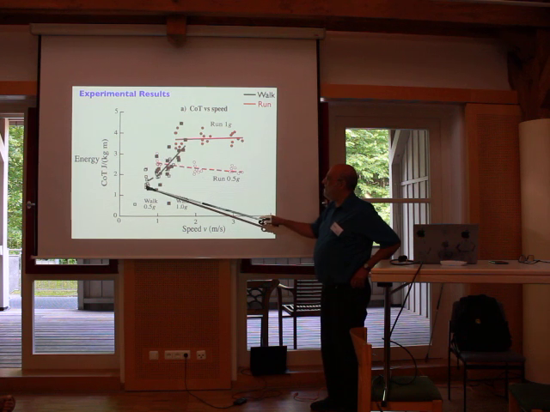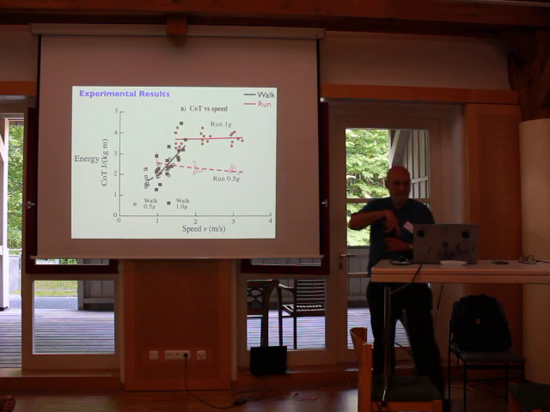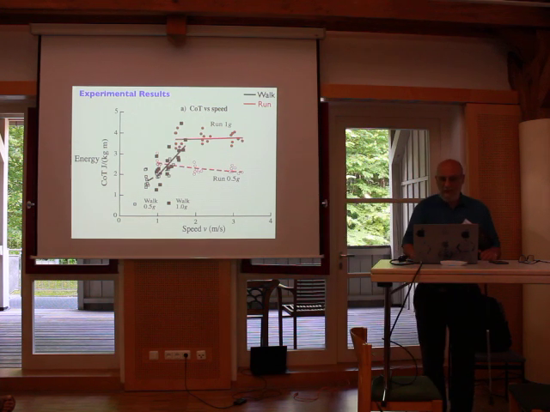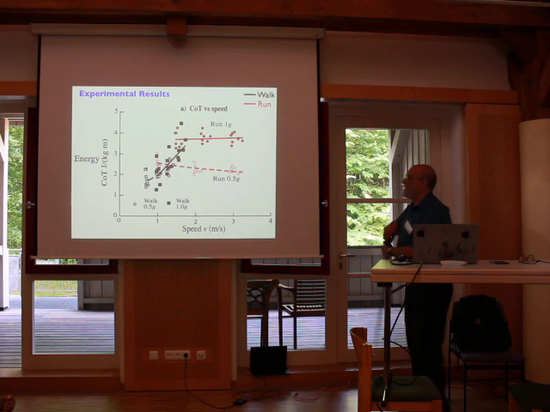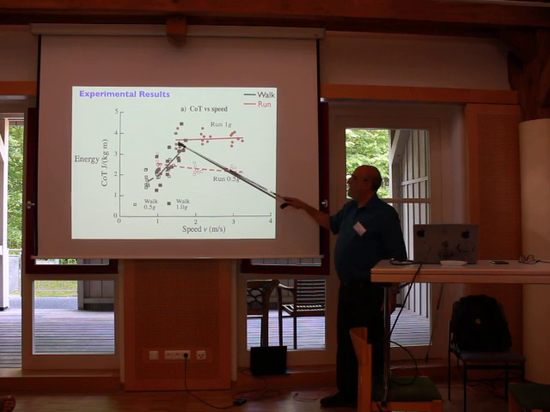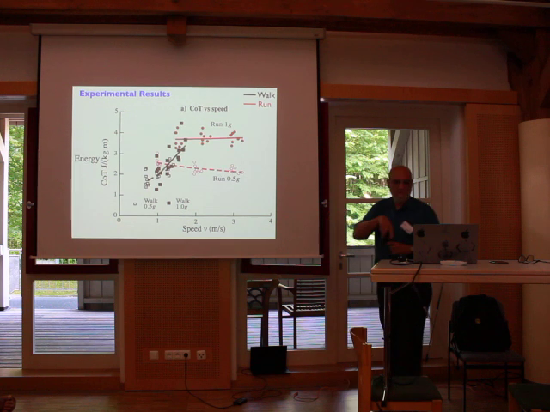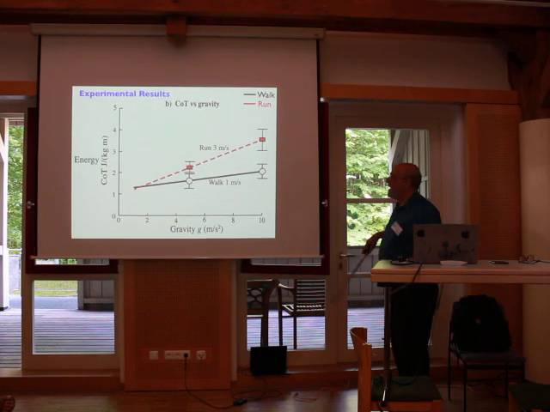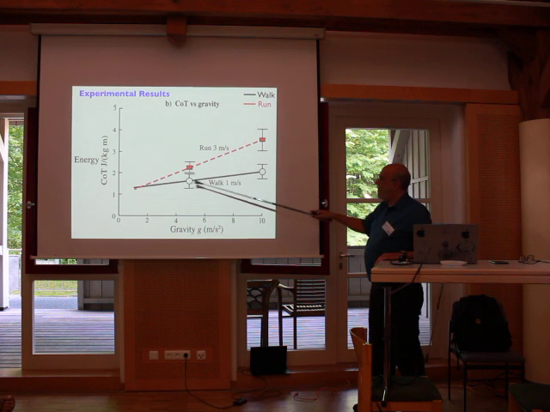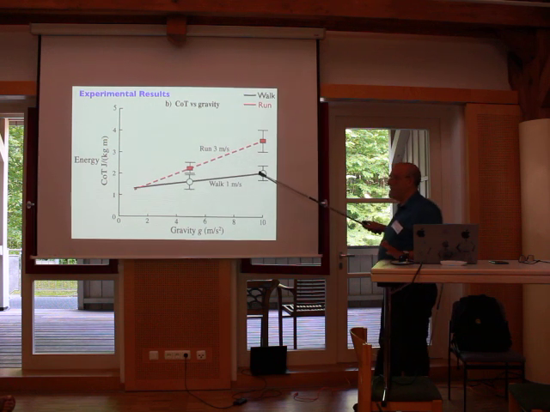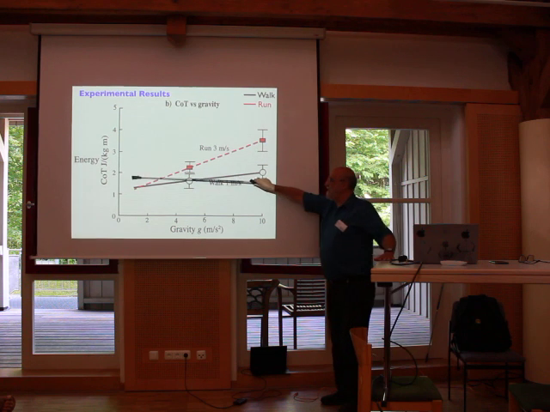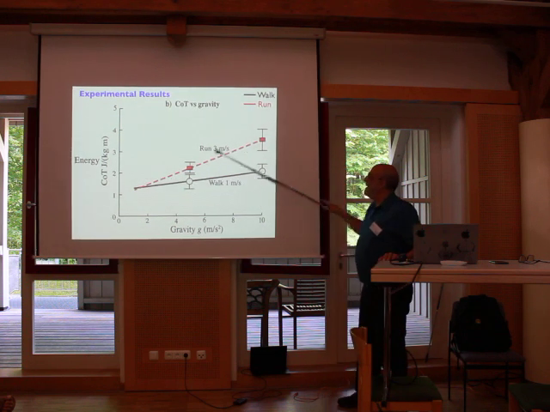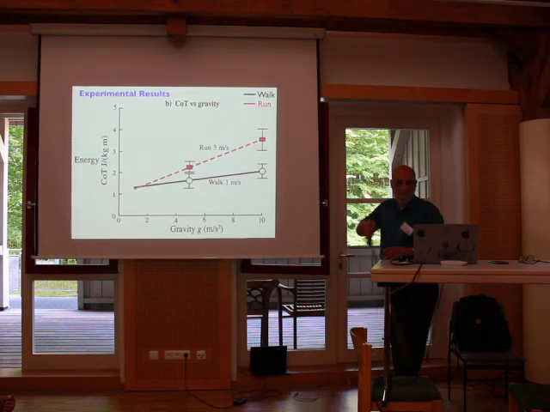High gravity, low gravity, there's a big dependence on speed, mostly independent of gravity. So the caricature of this is some line that goes up, and these are 2 level lines. If we look at energy use versus gravity, the walking does depend somewhat on gravity, but just not very much. So the caricature of that is this is a flat line, and running, the cost of transport does depend on gravity.